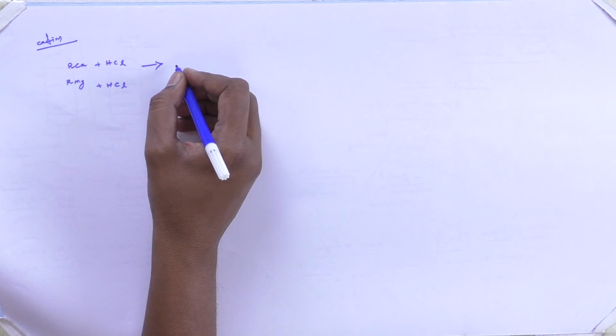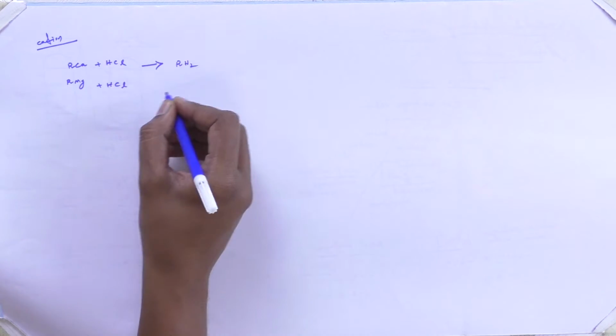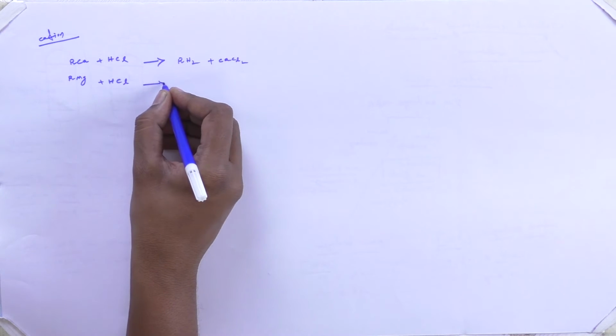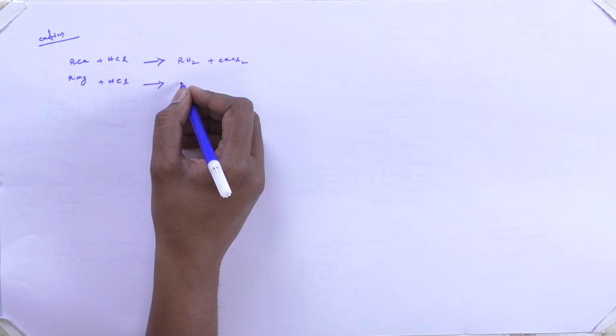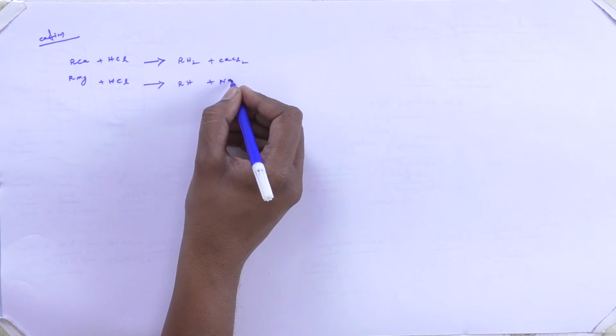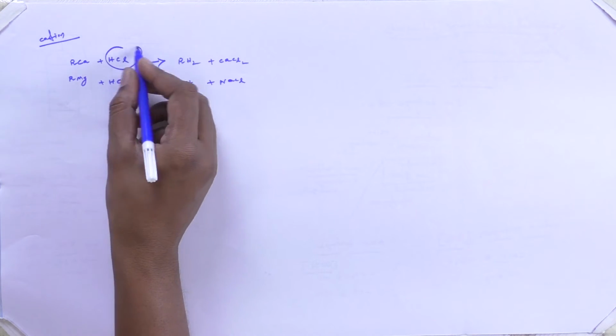What happens? It is converted into RH2 plus CaCl2. The RMg is also converted into RH2 plus magnesium chloride. So we easily regenerate the cation exchange resin by adding HCl.